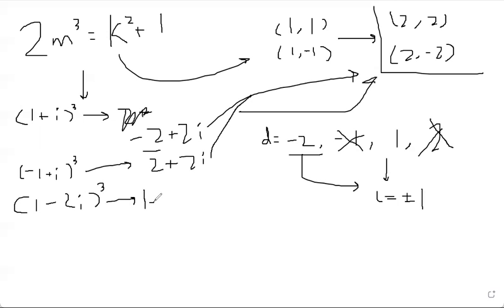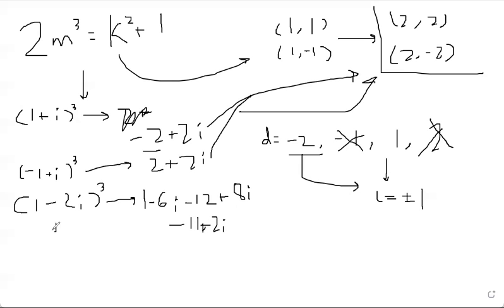So 1 minus 6i minus 12, and then plus 8i. This is going to give us negative 11 plus 2i.